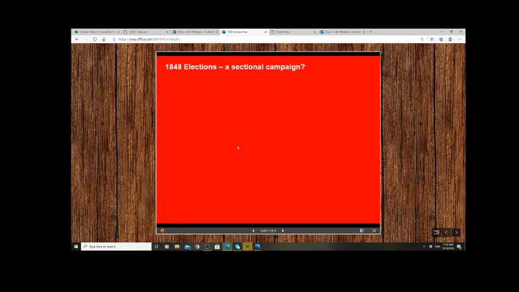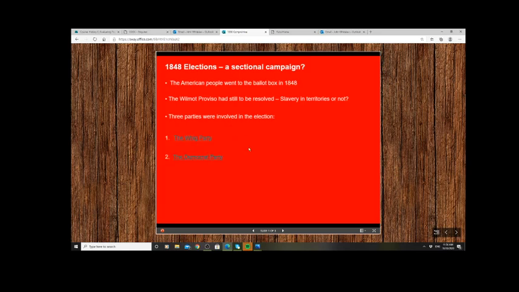Therefore, the elections of 1848 are going to elect someone who is going to have to deal with these problems of the Wilmot Proviso, the Calhoun Doctrine. And there are three political parties, for the first time really three distinguishable political parties at this 1848 election, which is unusual, I guess, in American history nowadays, but during the 1800s this was much more common.